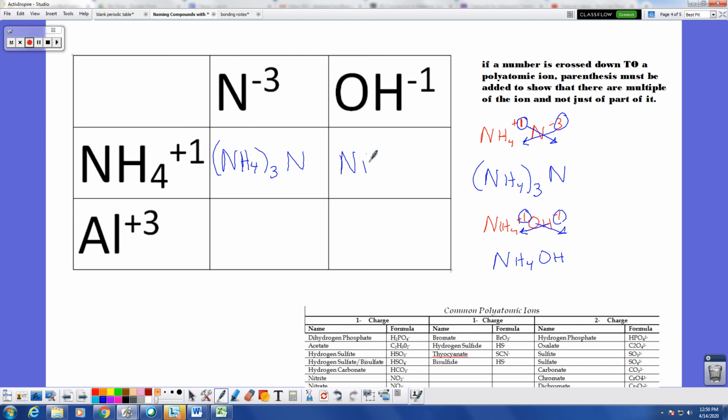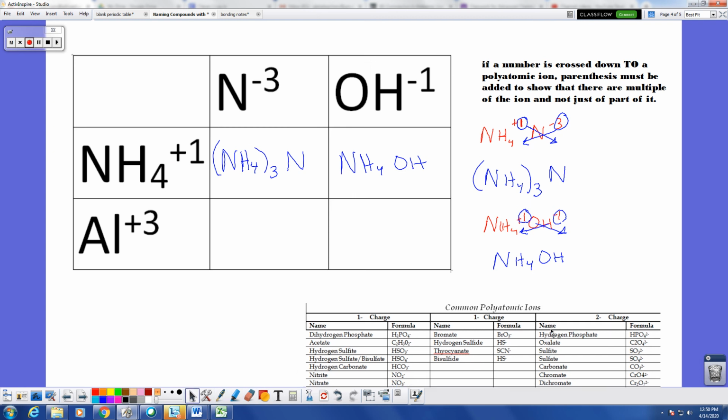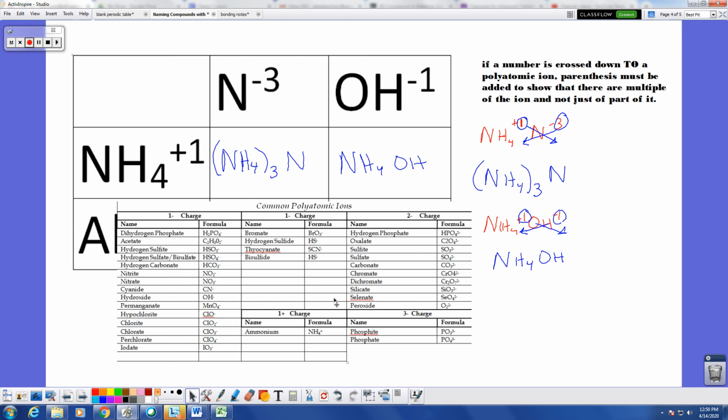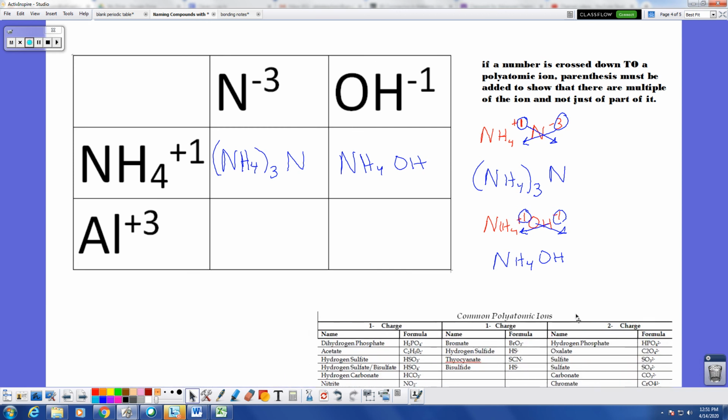So it's just NH4OH. And if you'll notice, NH4 is the only positive polyatomic ion. The only one. There are lots of negative ones, but NH4 is the only one that is positive.